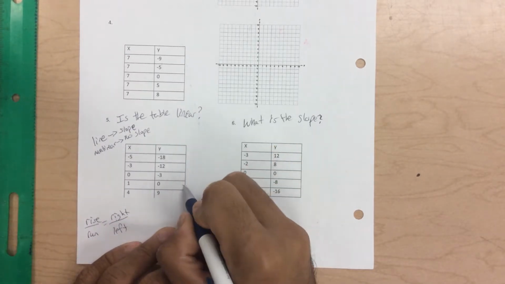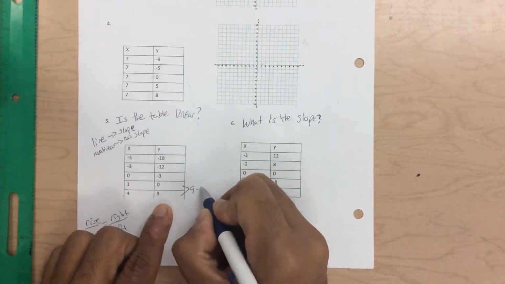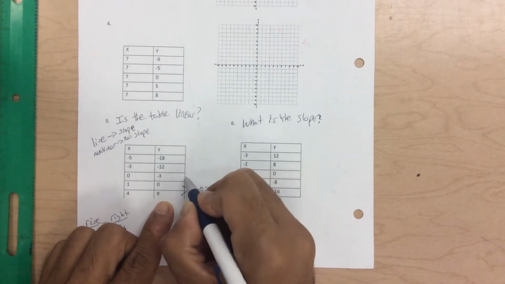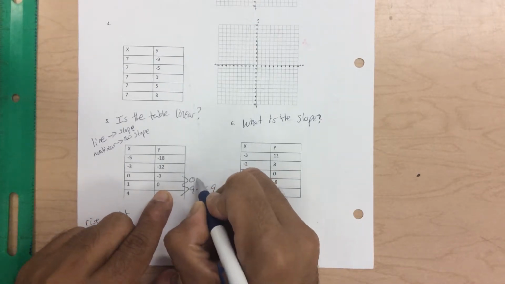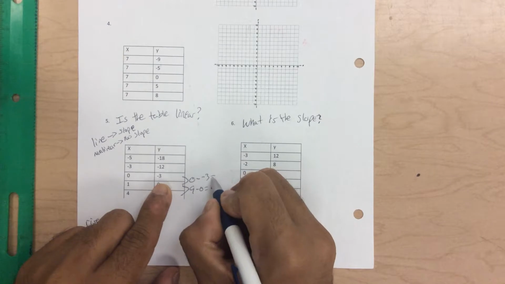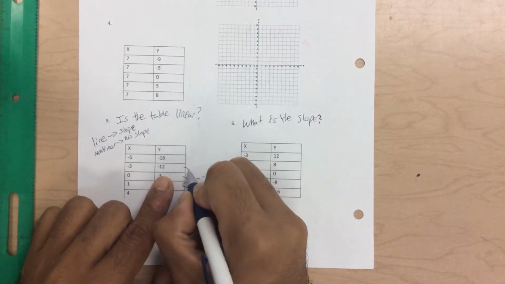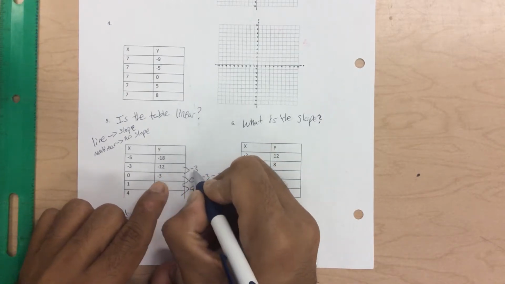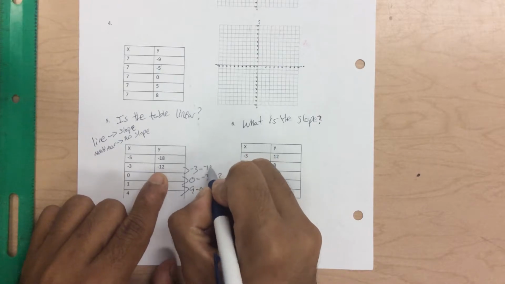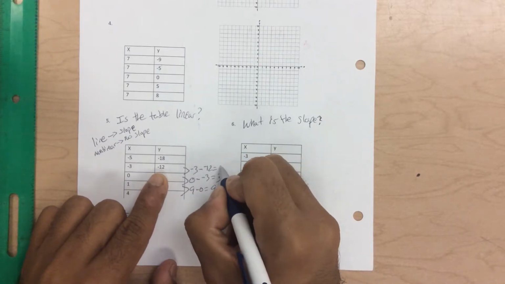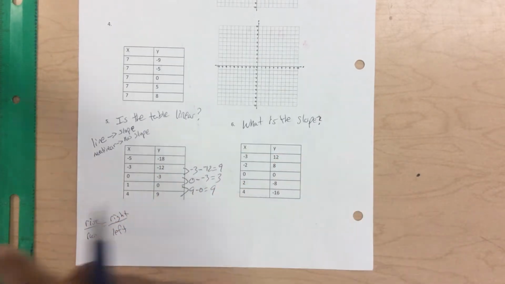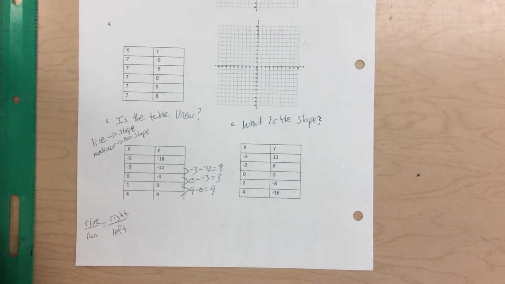So now, 9 minus 0 is 9. 0 minus negative 3 is 3. Negative 3 minus negative 12 is 9. And I'll double check to make sure.